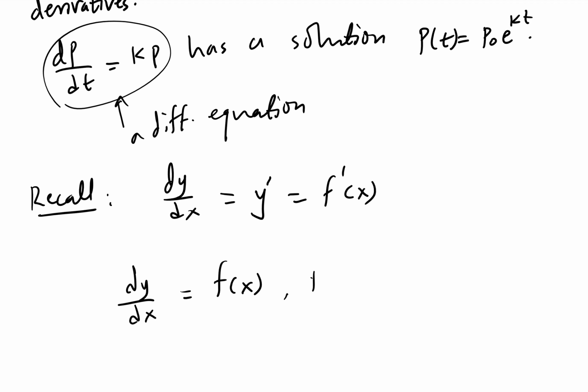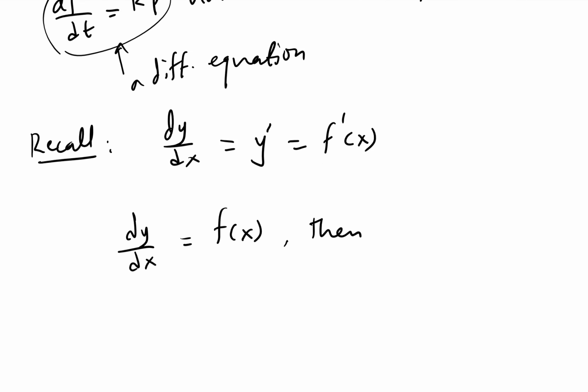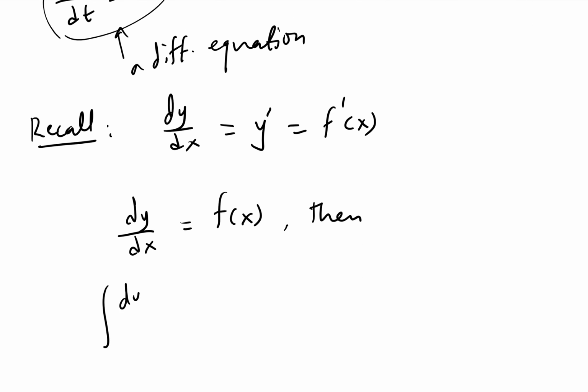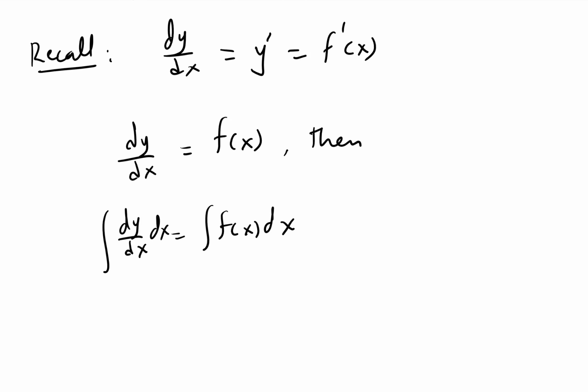What we can do, we can integrate both sides with respect to x, like this. When we integrate both sides, we put the dx there. What do we get here? This will give me the integral of dy is y equals the integral of f(x) dx.